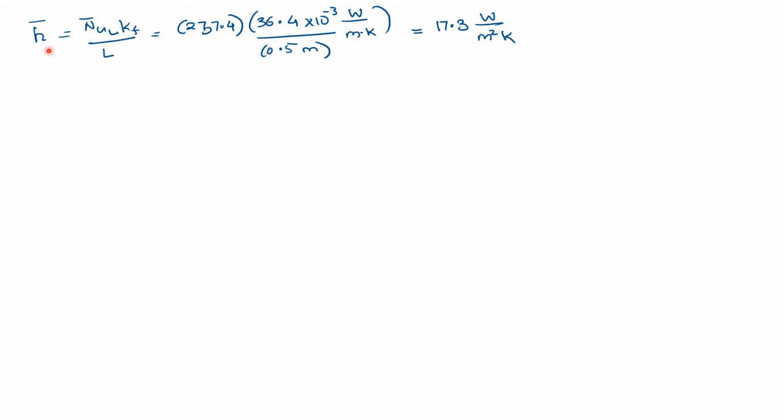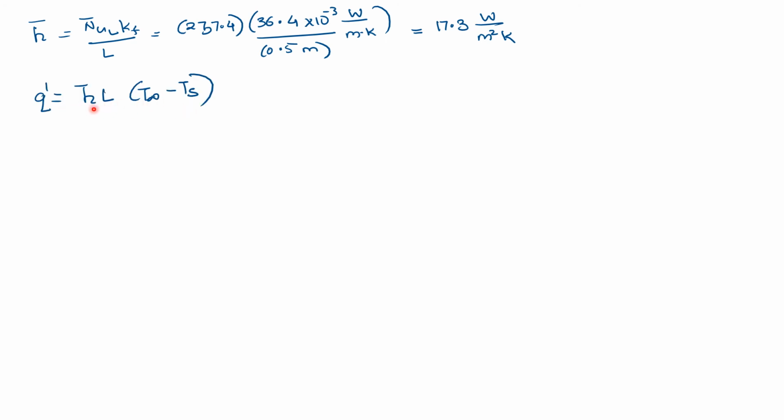Now we know the relation of h and Nusselt number is this. Substituting the value of Nusselt number in this relation, the value of thermal conductivity which we found from the table, and the length which is given, our average heat transfer coefficient comes out to be 17.3 watt per meter squared Kelvin.